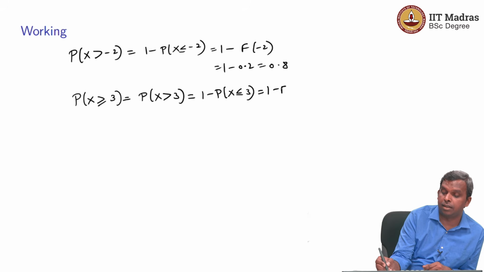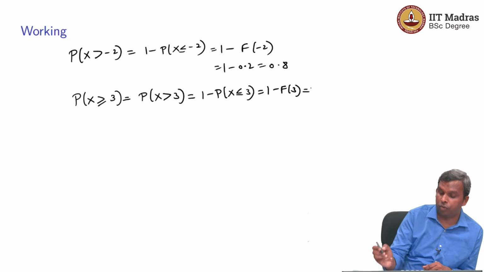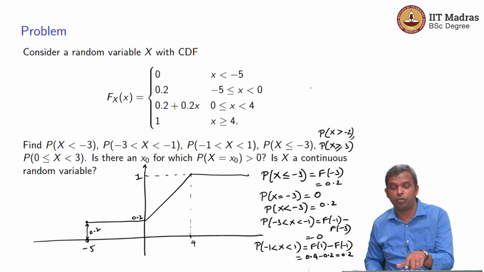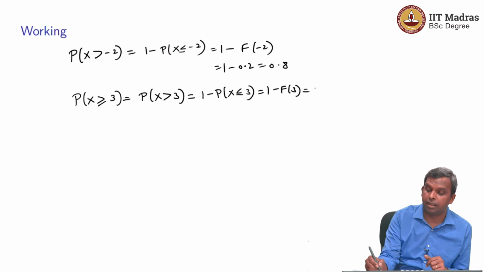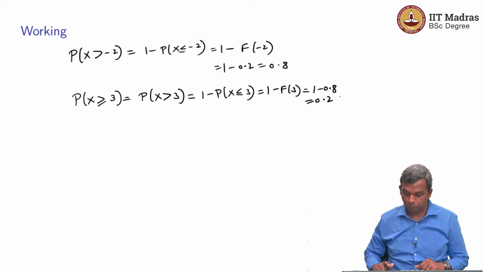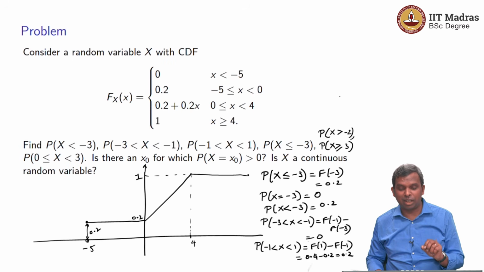That's 1 minus F of 3, and if you put x equal to 3, you get 0.8. So 1 minus 0.8 is 0.2. This is how you do it. You just have to carefully look at every point. There's one more question being asked: is 0 less than or equal to x less than 3?